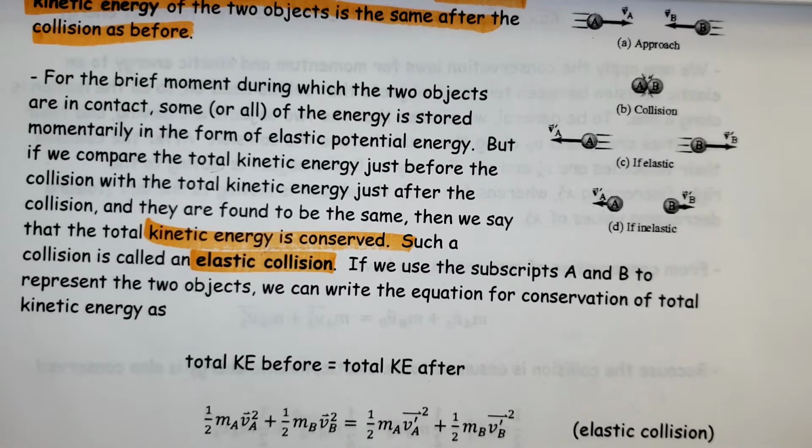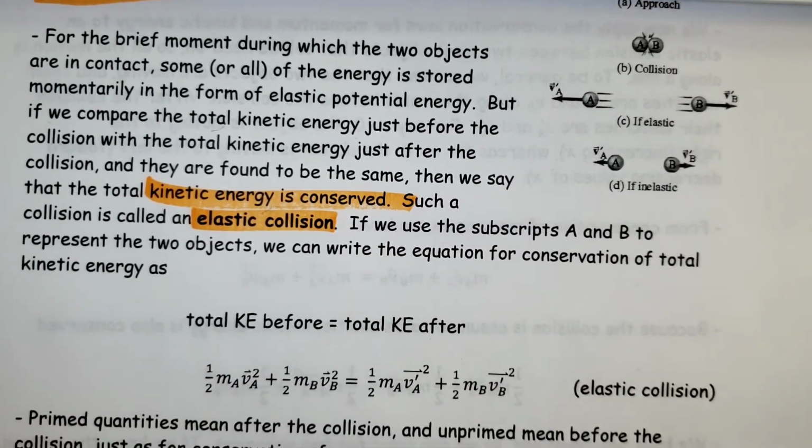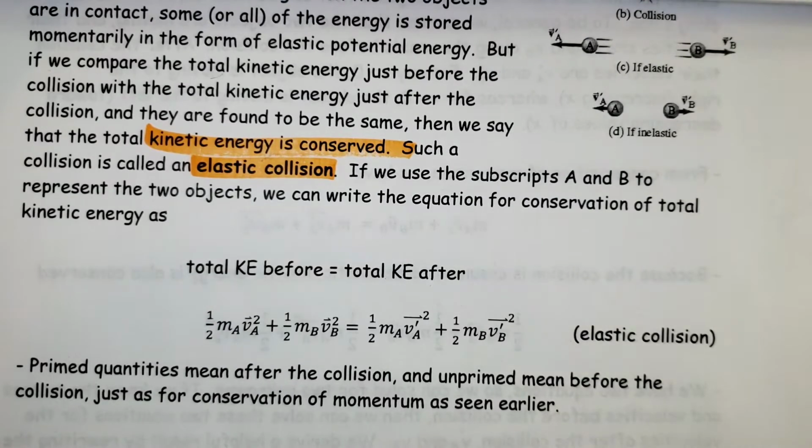If we use subscripts A and B to represent the two objects, we can write the equation for the conservation of kinetic energy very similar to the momentum. Before, we looked at total momentum before versus after; we do the same thing with kinetic energy. If we have two objects, A and B, we have the kinetic energy of object A and the kinetic energy of object B, add those up, and we get the same sum after.